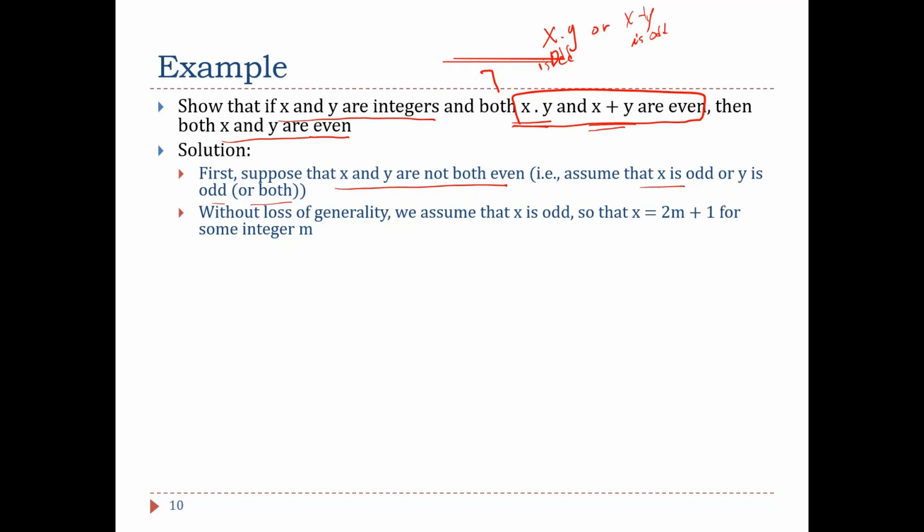At first sight we have three possible cases: either x is odd, or y is odd, or both. But you see that without loss of generality, it's sufficient to consider that x is odd, and then to study the possible cases for y, whether it's odd or even. There's no need to do the proof the other way around.